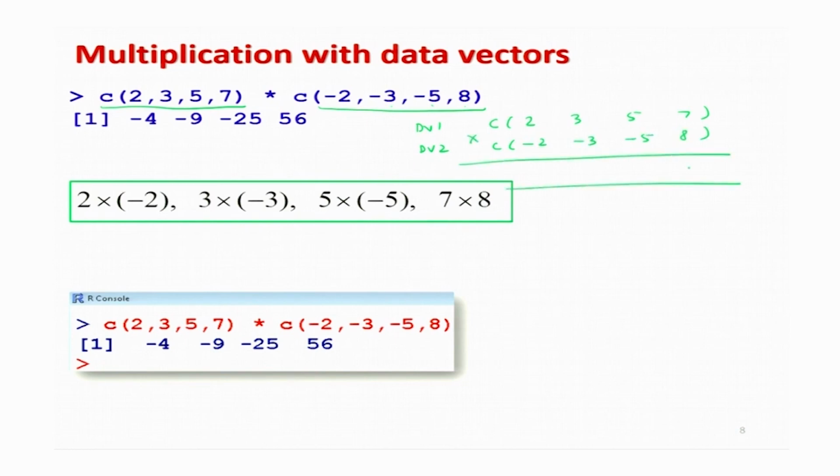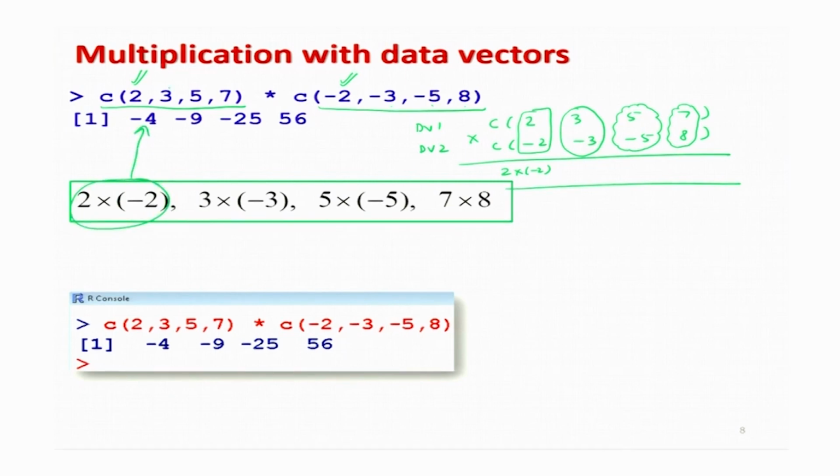So, what will happen? The values at the respective positions will be multiplied together. 2 into -2 will become -4, and then 3 into -3 will happen here, then 5 into -5, then 7 into 8. So, you can see that the first position in the data vector 1 is multiplied with the first position in the data vector 2. So, this becomes 2 into -2, which is -4.